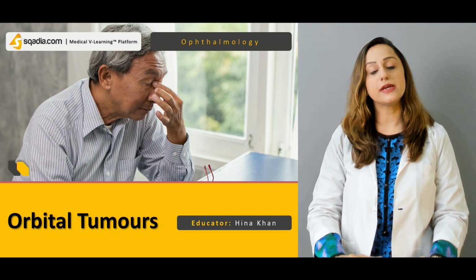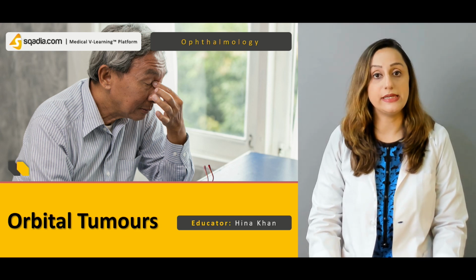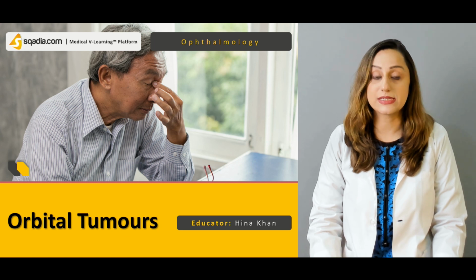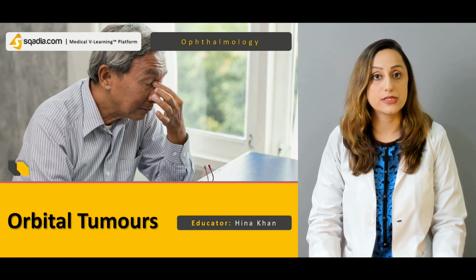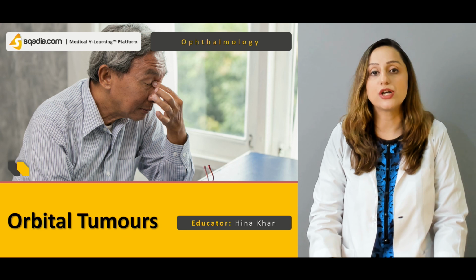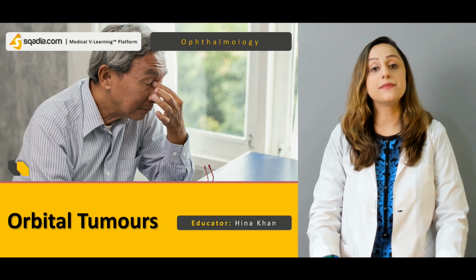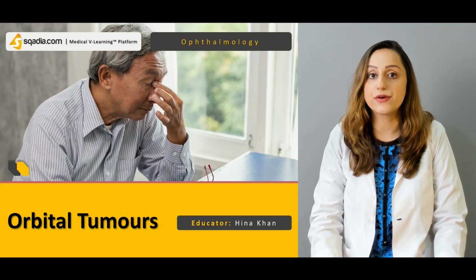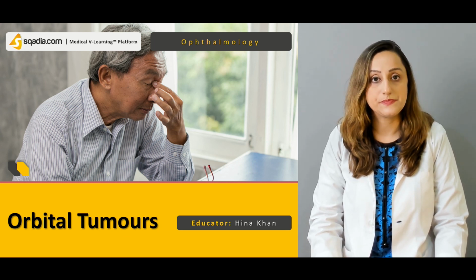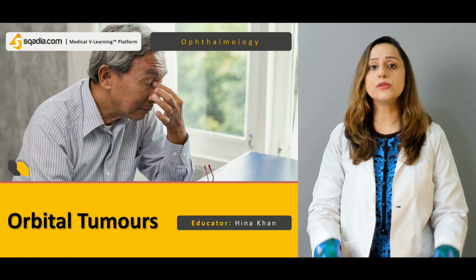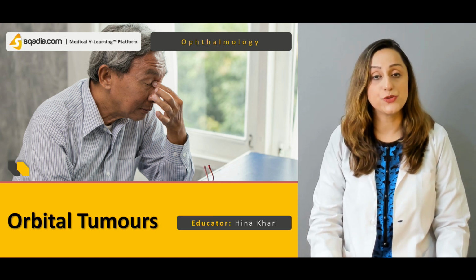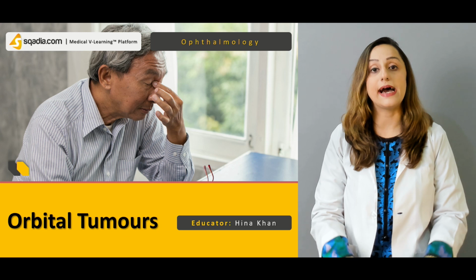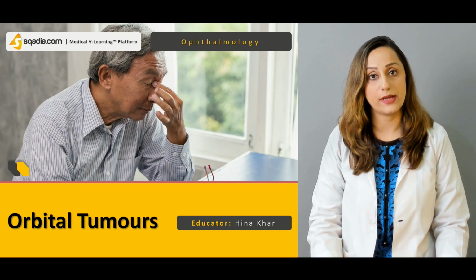When you further investigate this particular case of proptosis, you would find on radiological examinations that there is a mass located at the apical margin or apical border of the orbital cavity. To get to know these patients very well, you should be well versed with the applied anatomy of the orbital cavity as well.